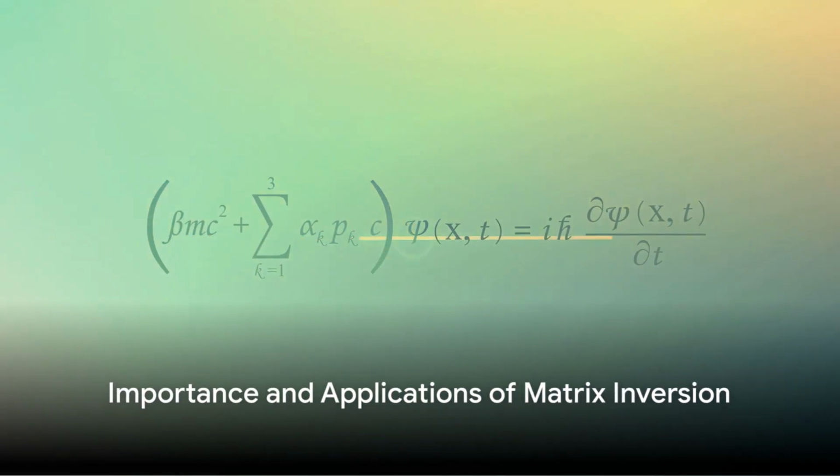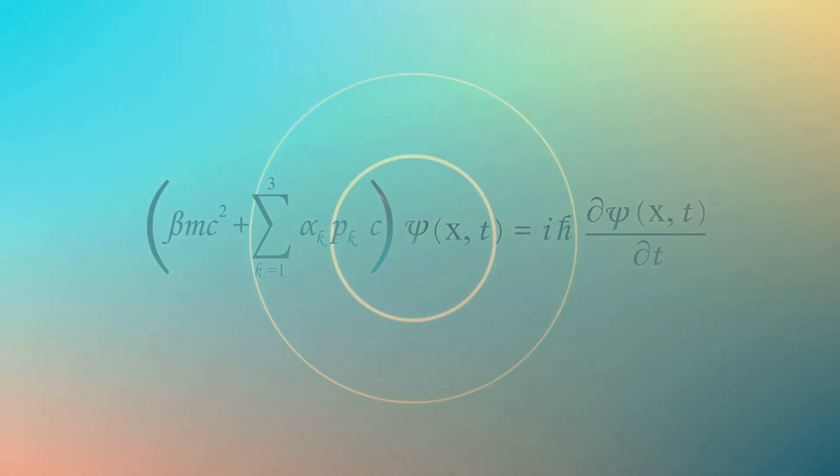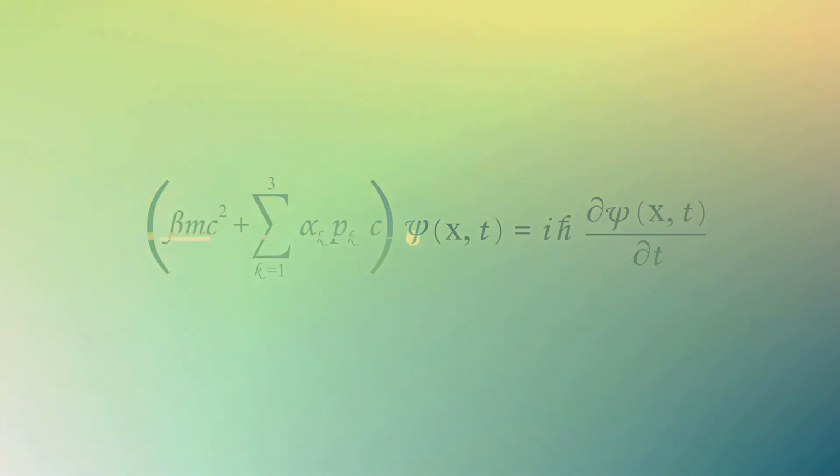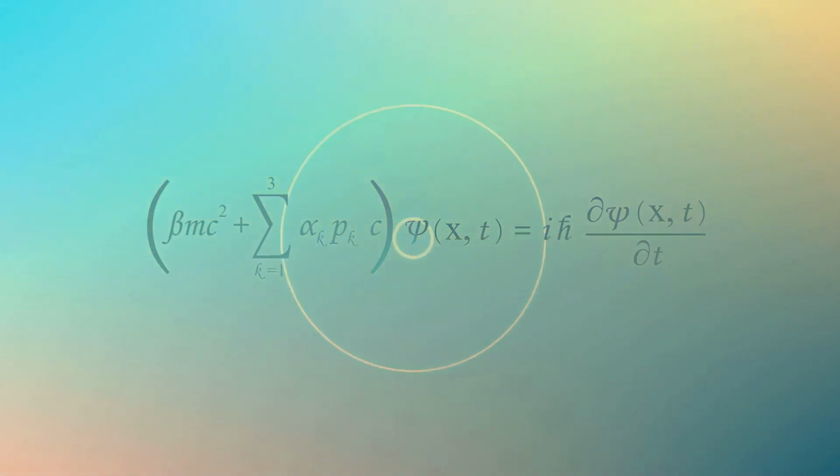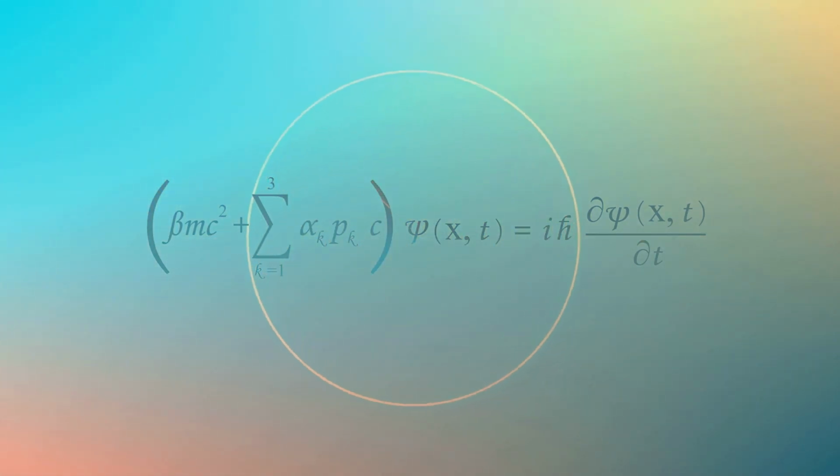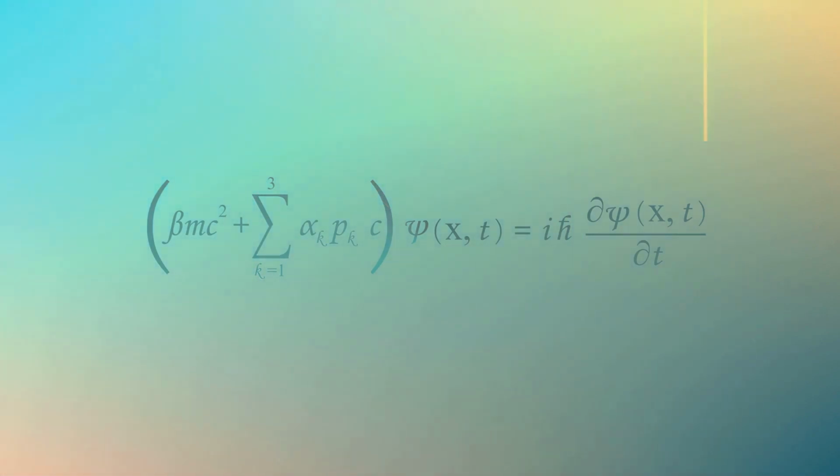Practice makes perfect. You might be thinking, why go through all this trouble to find an inverse? Well, the importance of matrix inversion extends far beyond the classroom, making significant contributions in a variety of fields. For instance, in computer graphics, matrix inversion plays a crucial role.